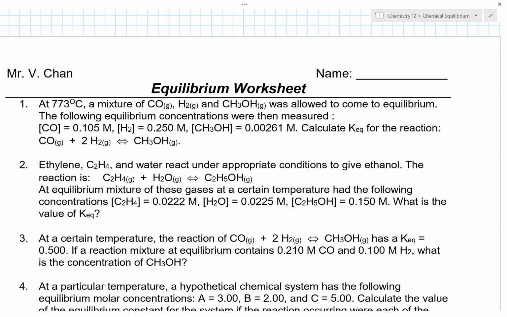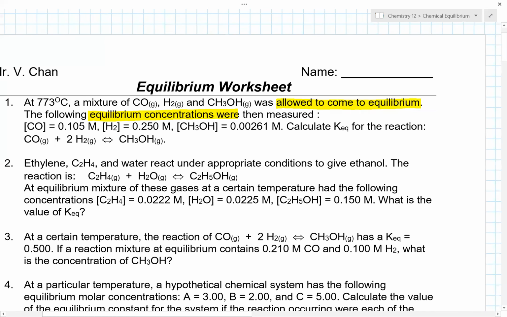Calculate the KEQ for the reaction. Now, in this case, it says was allowed to come to equilibrium, and the equilibrium concentrations were given. So it's key to make sure you understand how to read the questions, because looking at the questions will help you figure out what process you need to use.